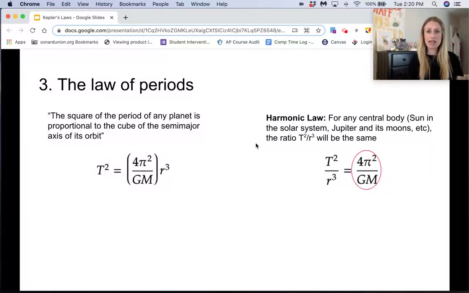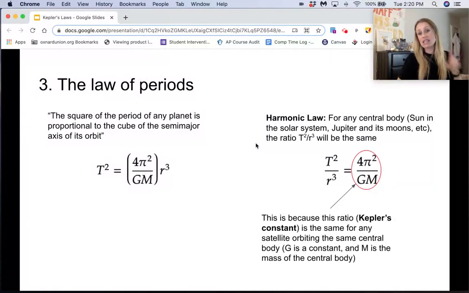Now, the reason for this is that this ratio right here, this 4 pi squared over G times M, is going to be the same because G is a constant. 4 and pi obviously are just numbers, so those are constants as well. And then M is going to be the same for every single body that's orbiting because M is the mass of the central object.